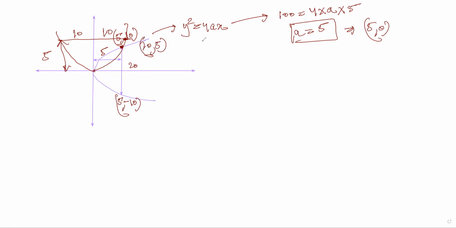And this would be x square is equals to 4ay. If you put these points, you'll get a as 5 only. So we can also say the new observation: the latus rectum is the parabolic diameter only.